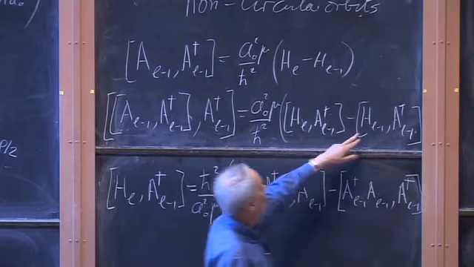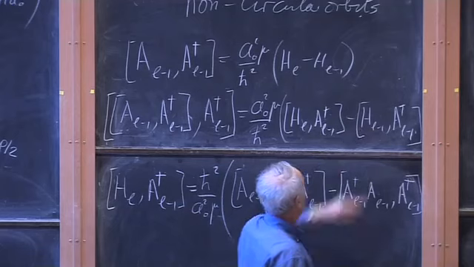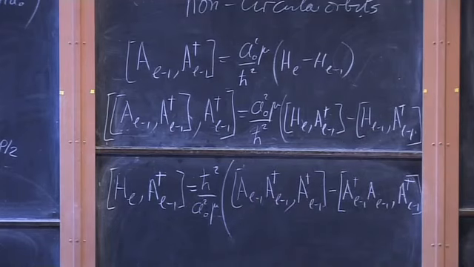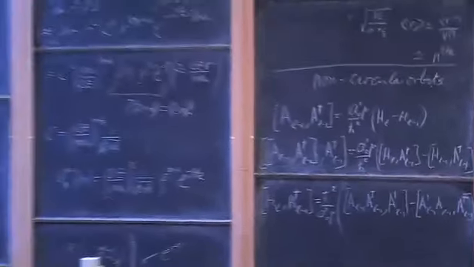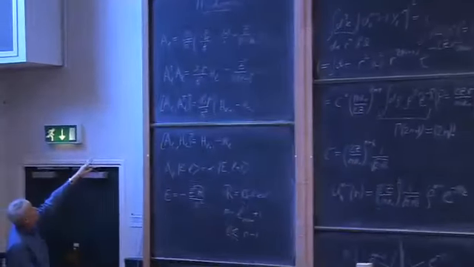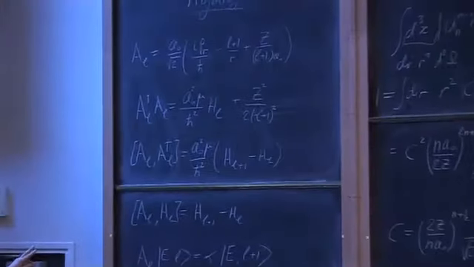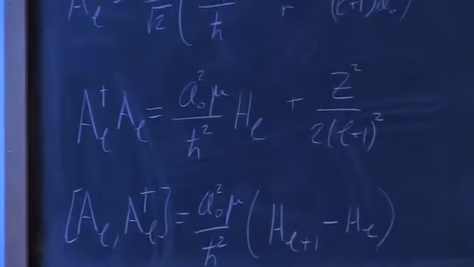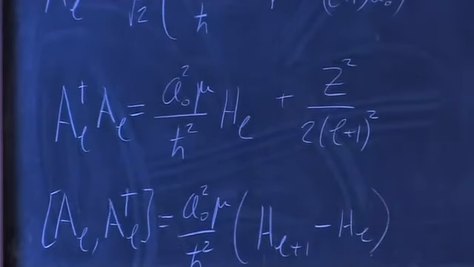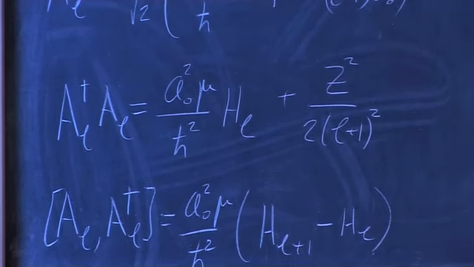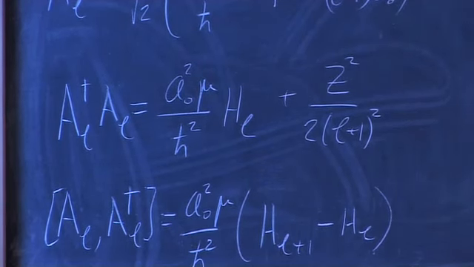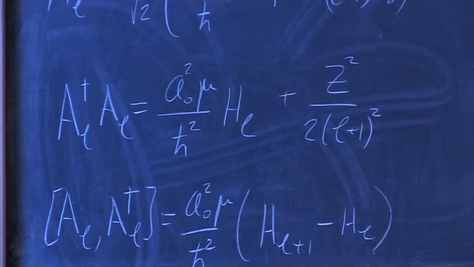Step 2, replace this h with the corresponding expression in terms of A dagger A, right? So A dagger A, it says up there, is a multiple of HL plus a constant. I'm interested in HL inside a commutator, so I don't need to care about that constant because it will commute with everybody and produce a vanishing commutator. So for my purposes, I can merely replace HL by AL dagger AL times that constant. That constant is already present and correct.